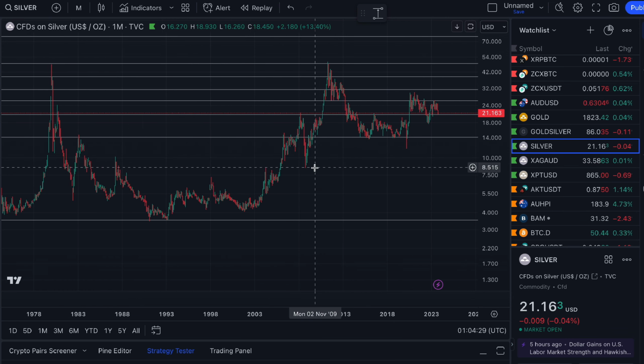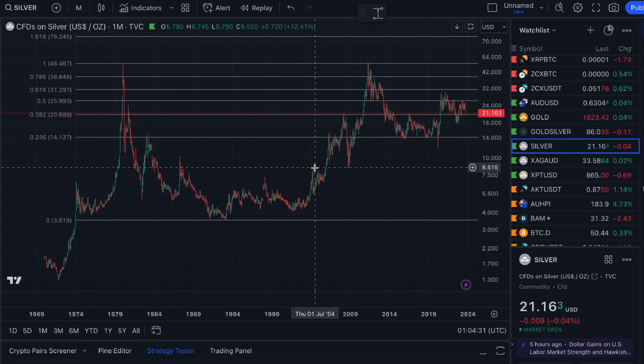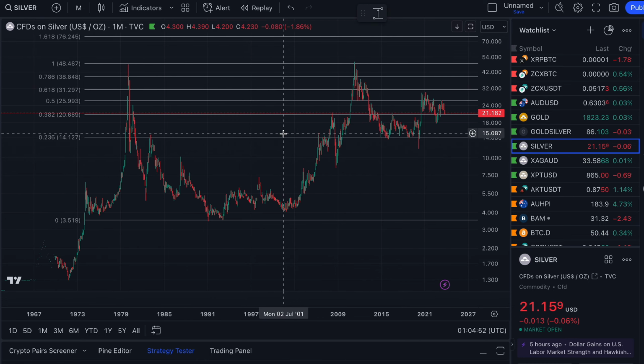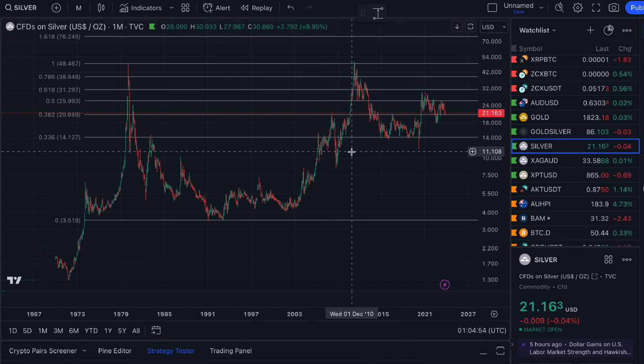Now, I think I can confidently say, and of course, hindsight is 2020, and you never know what could happen, but I feel like if the global financial crisis did not occur, I don't think you would have seen this spike all the way down to $8.50. You may have certainly seen a retracement, but I think you would have seen more support at the 0.236 level of $14.